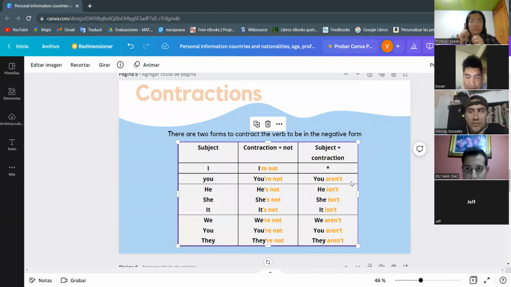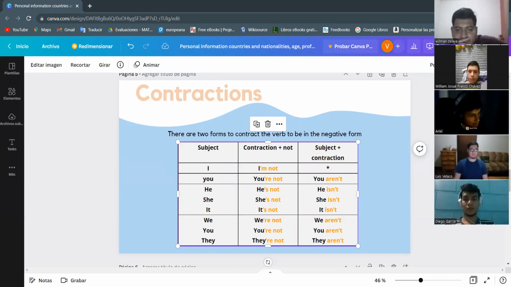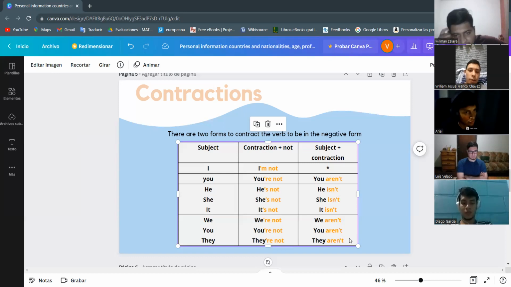If you make it one, it would say you aren't. Let's see who we have here. William, can you help us reading these ones? Subject plus contraction. You aren't, he isn't, she isn't, it isn't, we aren't, you aren't, they aren't.